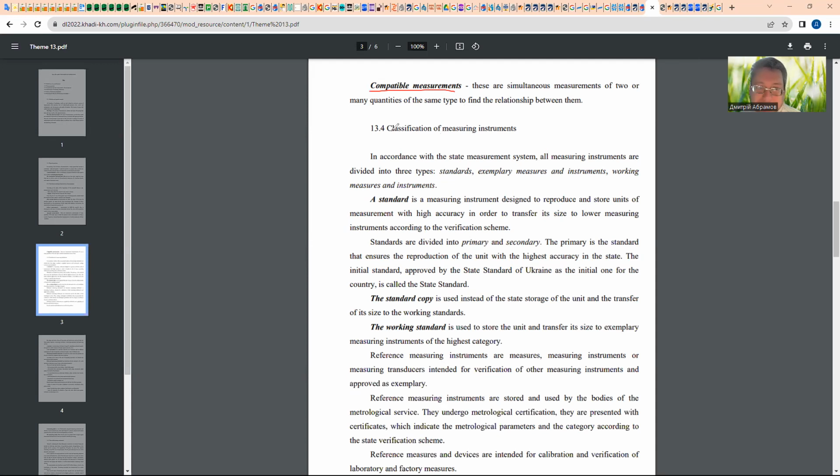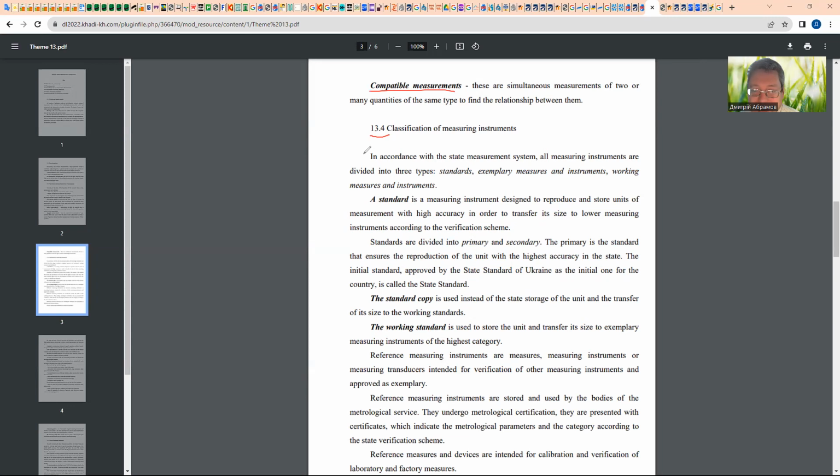And next item, 13.4, classification of measuring instruments. In accordance with the state measurement system, all measuring instruments are divided into three types: standards, exemplary measures and instruments, working measures and instruments.